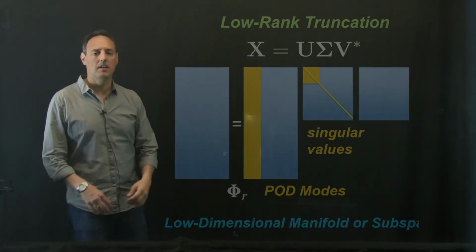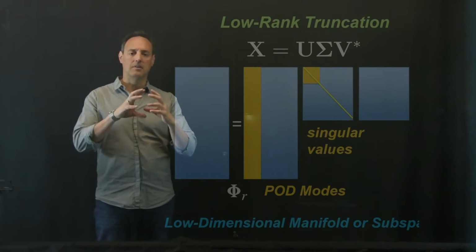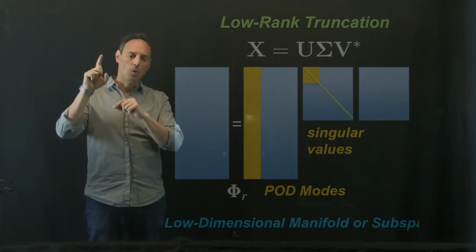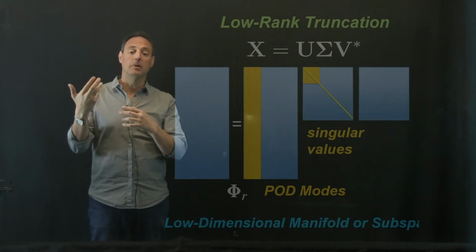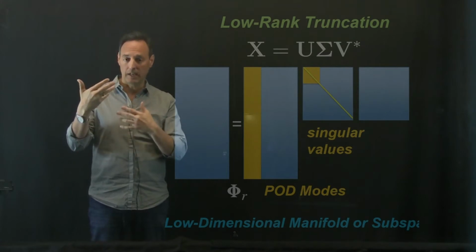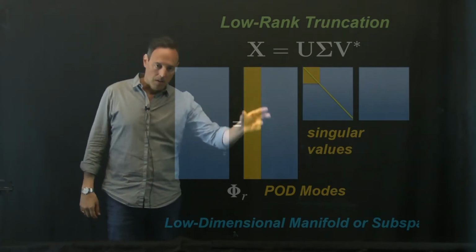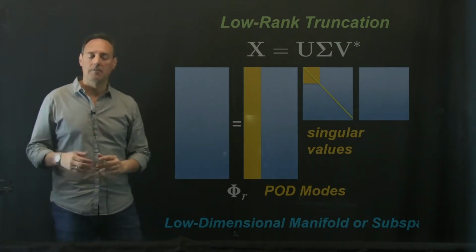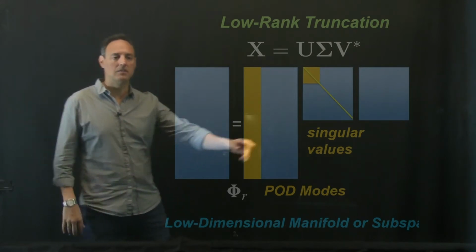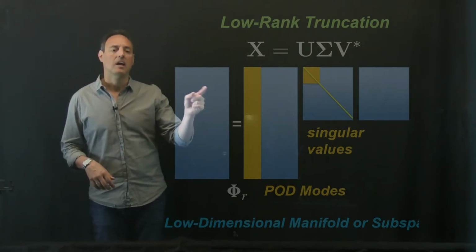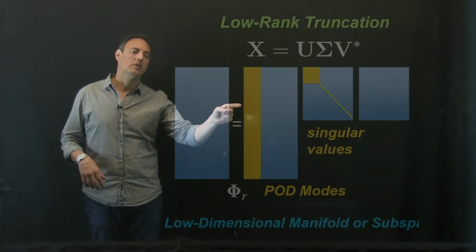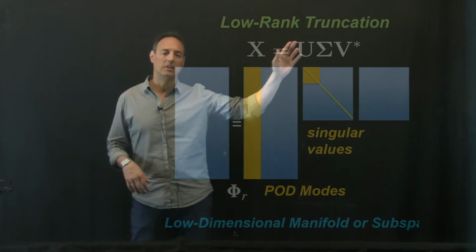And what the diagonal matrix sigma does, it tells you the ordering and the strength of each of the modes in the system, or how much correlated activity with each mode. The columns of U, in fact, give you your low dimensional subspace, and the columns of V tell you how each mode here is evolving in time.